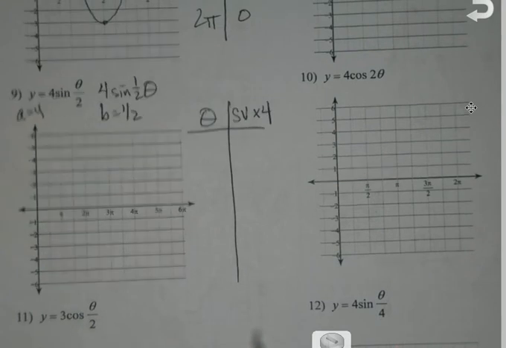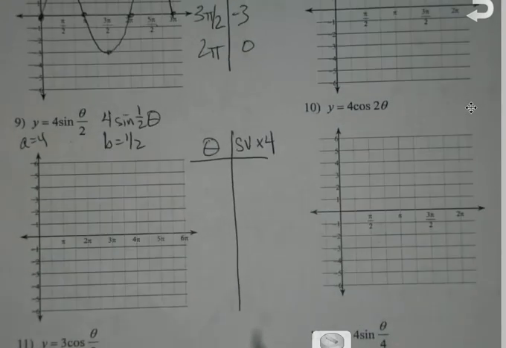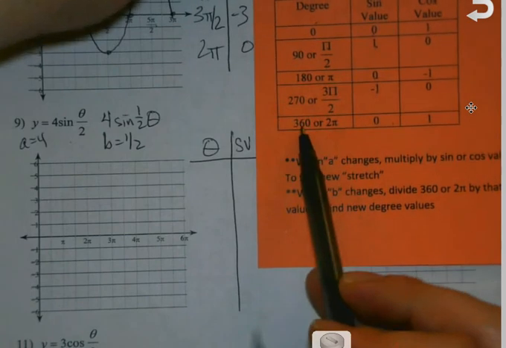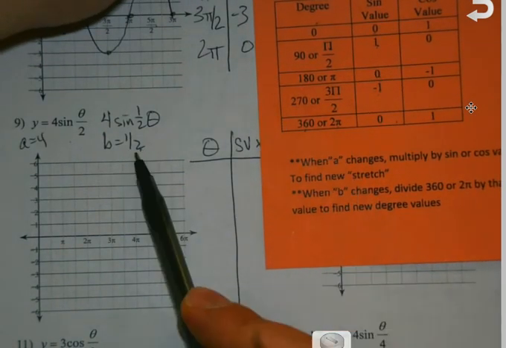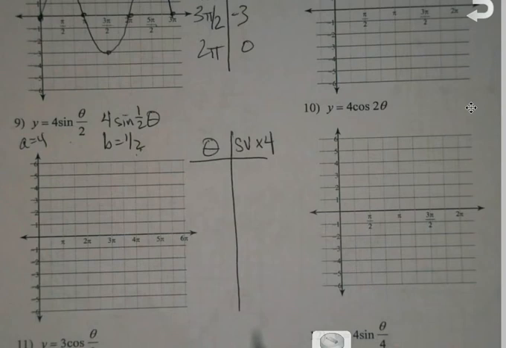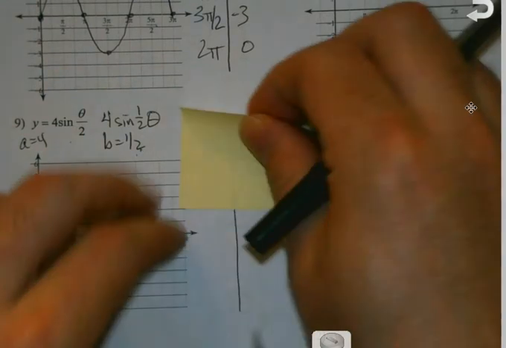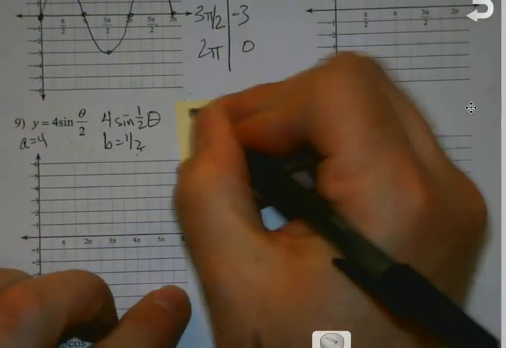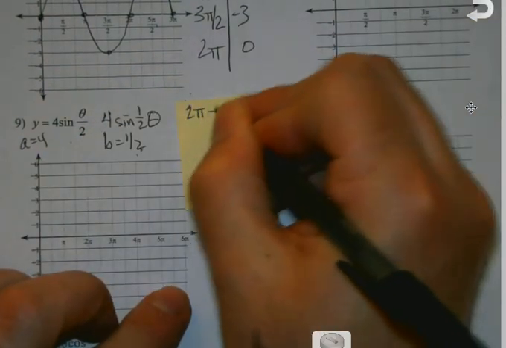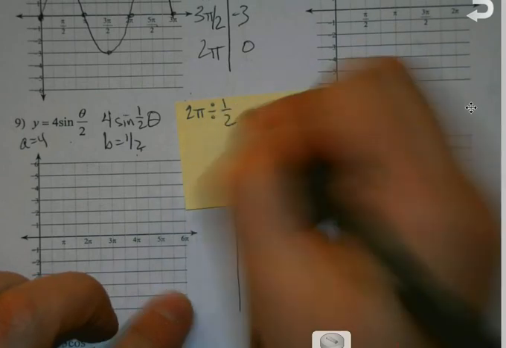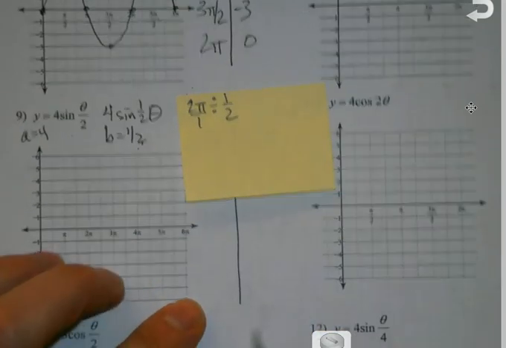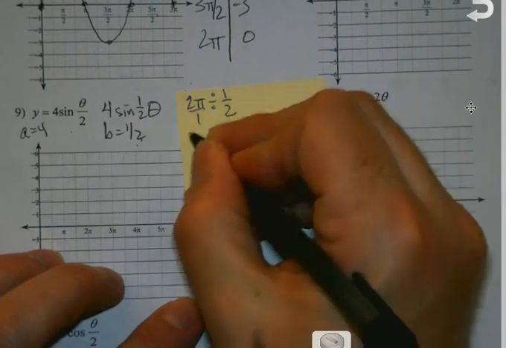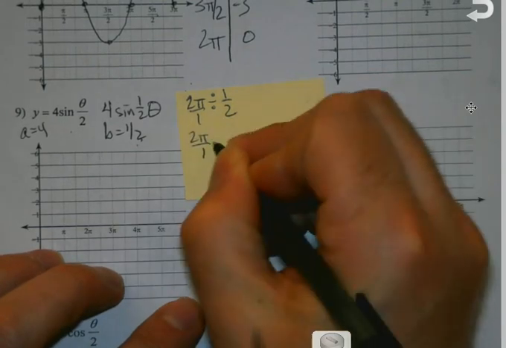But now we're speaking in radians. So instead of doing 360 divided by a half, I'm going to do 2 pi divided by a half. Now don't let that freak you out. Let's think about this for a second. 2 pi divided by 1/2. When we're dealing with fractions, we know when we're dividing, we flip the second fraction.